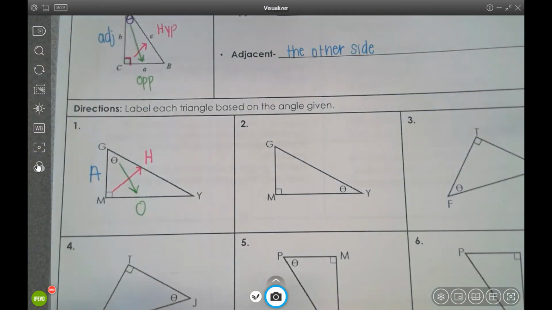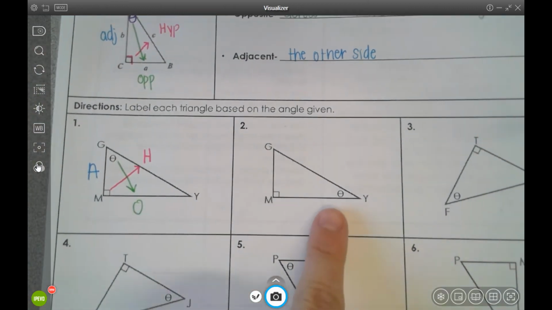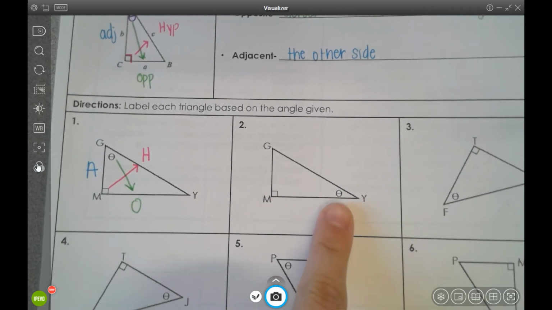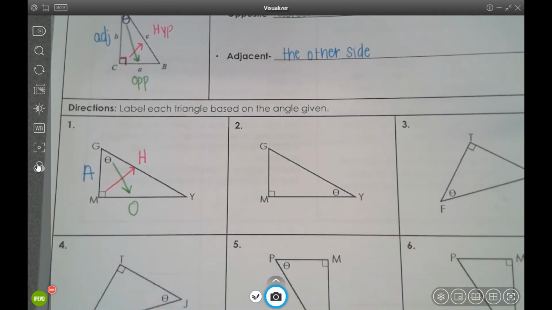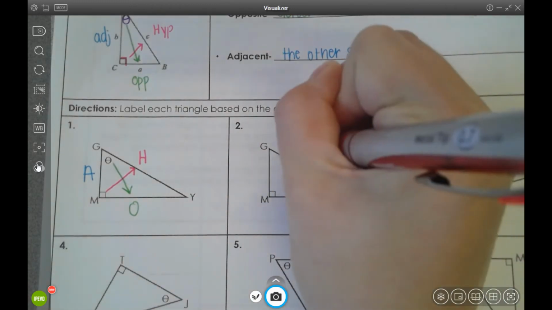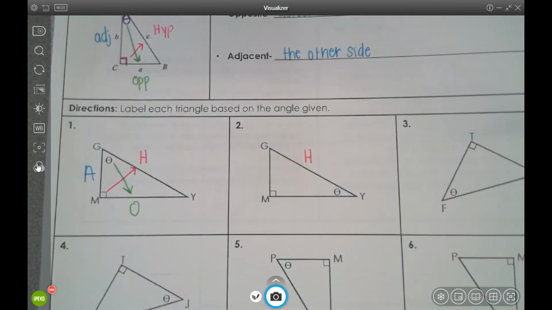Notice number 2 is the exact same triangle, but my indicated angle is Y instead of G. So the hypotenuse doesn't change, but my opposite and adjacent are flip-flopped.